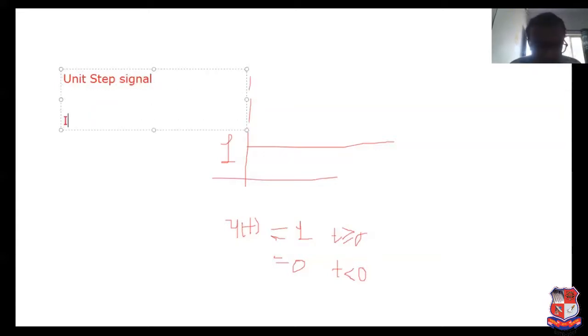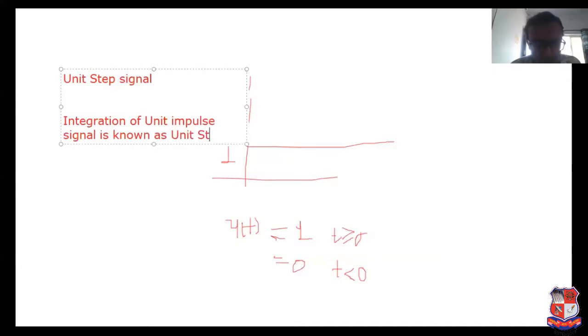And the integration of the unit impulse signal, it is most important for MCQ, is known as the unit step signal. Why? Because the impulse signal can exist only in this region. If you integrate this term, if you collect different amounts of unit impulse signal, it is known as the unit step signal.